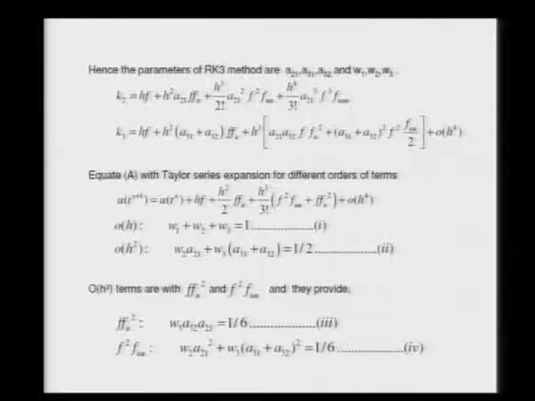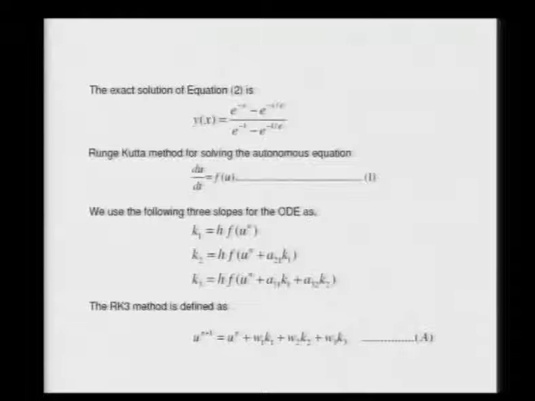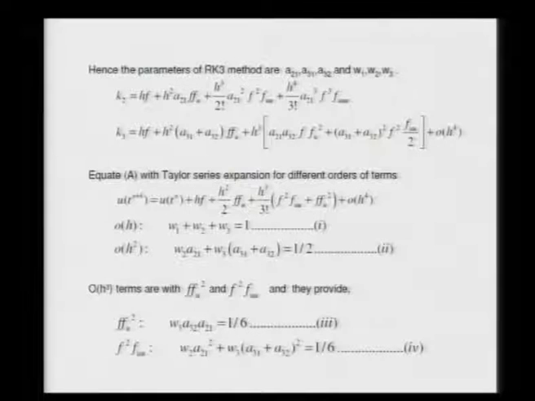Having obtained the expressions for k 2 and k 3, we can expand them in terms of a series as given here: k 2 is equal to h f plus h square a 21 f f u, plus h cube by factorial 2 a 21 square f square f u u, and h 4 by 3 factorial a 21 cube times f cube times the third partial derivative of f with respect to u.